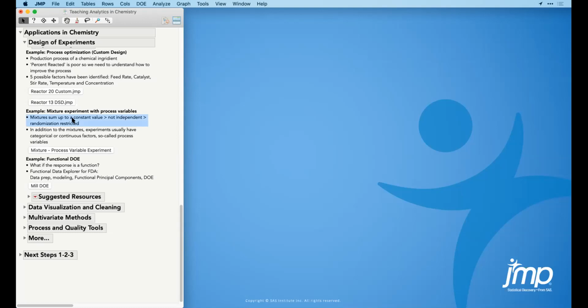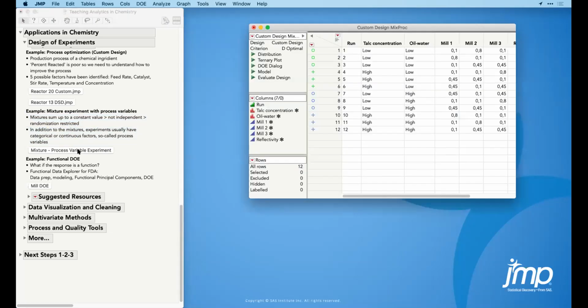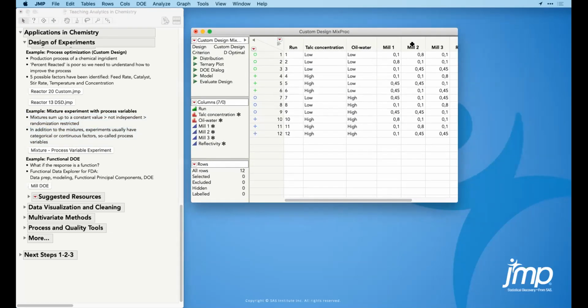Another example, still DOE, is about mixtures. Here, some factors are not independent, but they typically sum up, like portions or ingredients in a mixture. They sum up to a constant. And here we also have some additional factors which are called process variables. This is the mixture experiment.